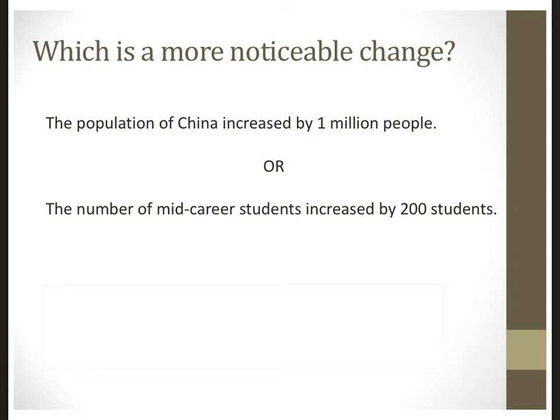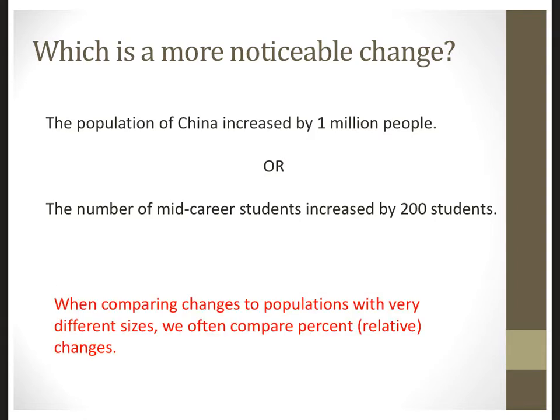So we want to have some additional context here if possible. And so when we're comparing changes in two very different sized groups, like the population of China or the number of mid-career students, we don't want to compare absolute changes. It oftentimes makes more sense to compare percent or relative changes.